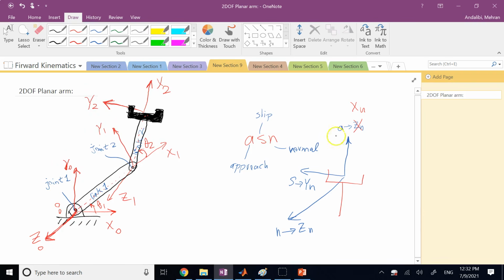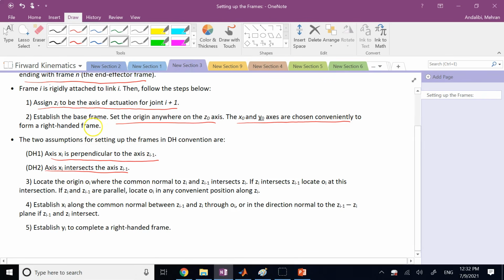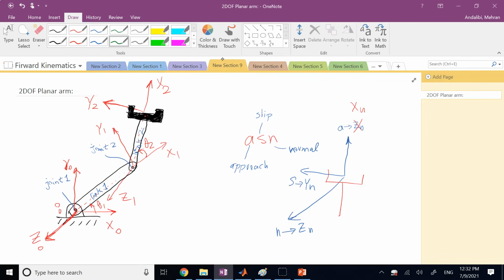So setting up the axis for the end effector does not generally follow everything about the rest of them, but I would rather always follow the two assumptions of the DH, so that I can use the DH table completely. And what is the DH table, I'll tell you. But I would suggest we do the approach direction to be x, the slip direction to be y, and the normal direction to be z in this case. So the last z has to be what? It has to be out of the plane again, like this.